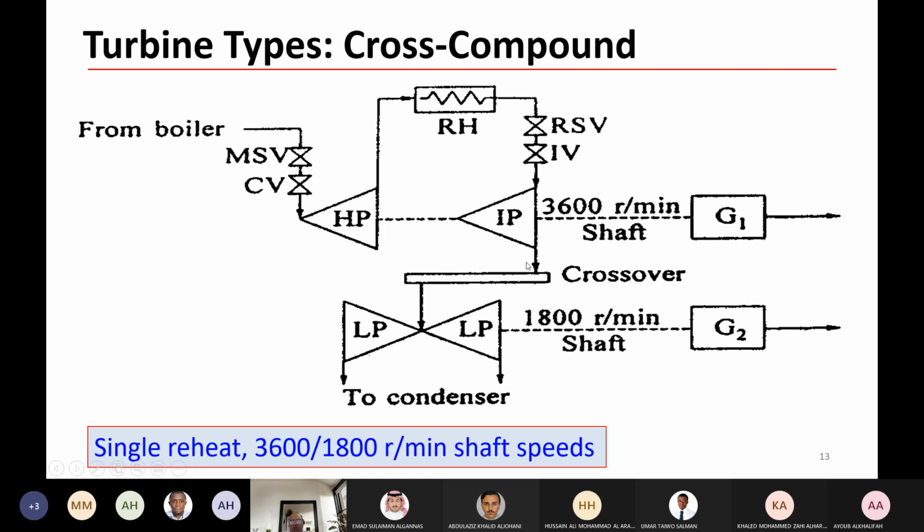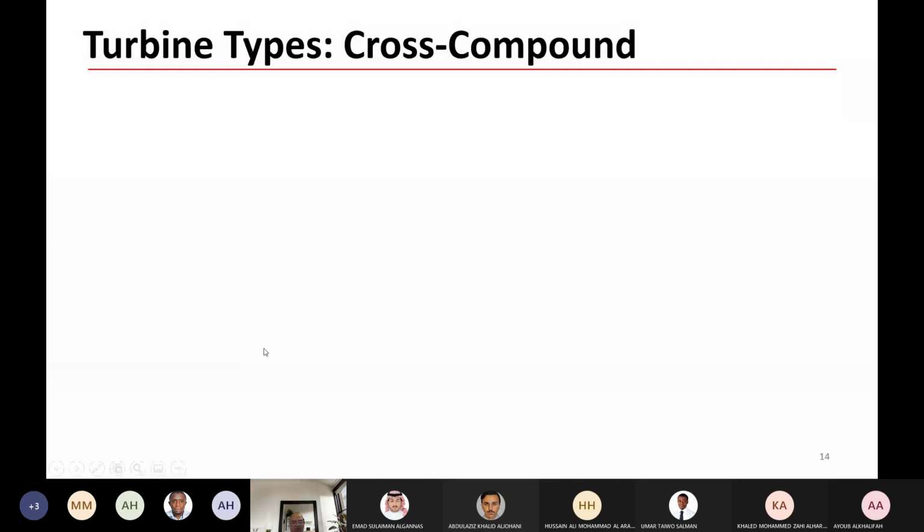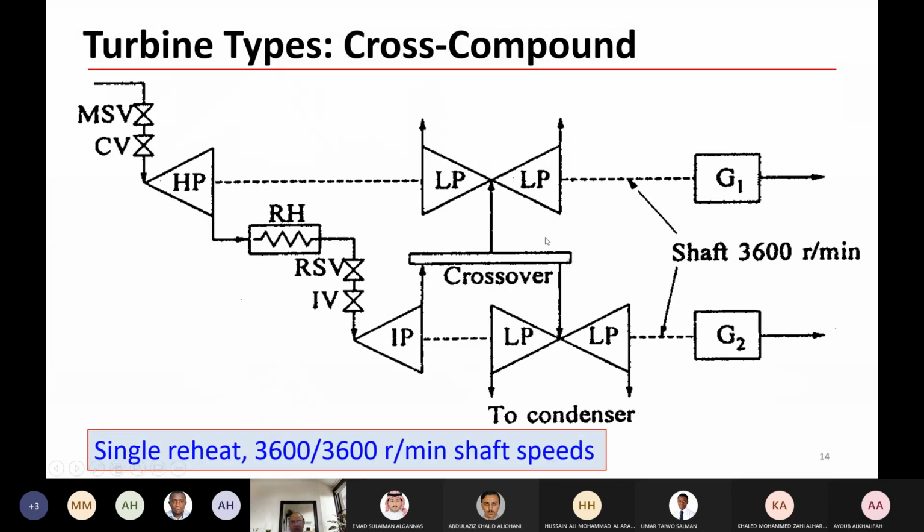And we collect the steam after the intermediate pressure section, and then go to the low pressure section, which is mounted on a different shaft, 1800 RPM, and you have here another generator. And you may have 3600 on both sides.